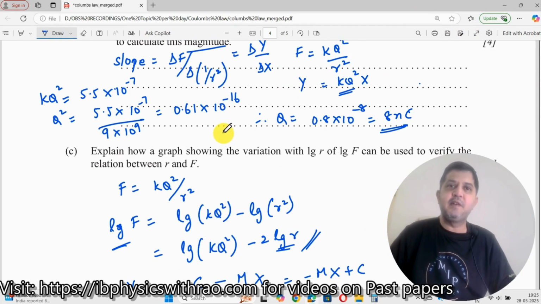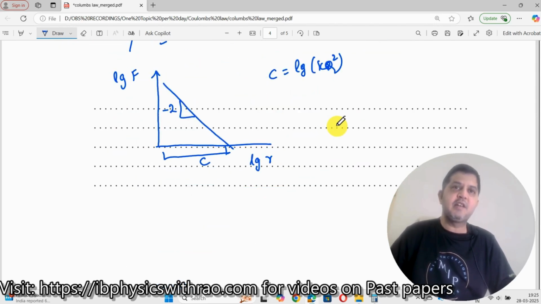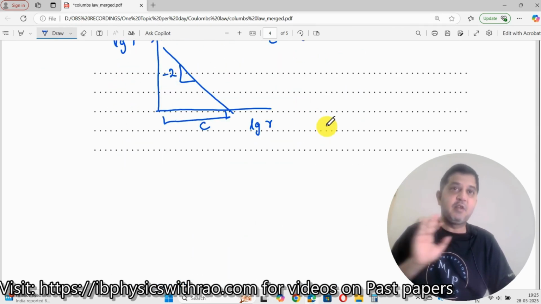Now what is the question? We have already done everything. Explain how a graph showing the variation of log r versus log f can be used to verify the relationship between r and f. This is for 3 marks. So now finally you need to write something.